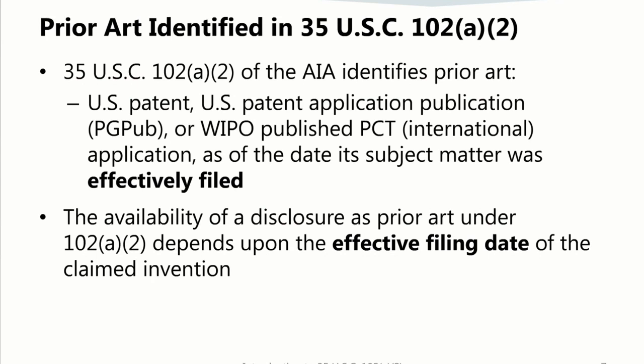The availability of a disclosure as prior art under 102(a)(2) depends on the date the document's subject matter was effectively filed, as compared to the effective filing date of the claimed invention being examined. Please note that WIPO is the World Intellectual Property Organization, and PCT refers to the Patent Cooperation Treaty.